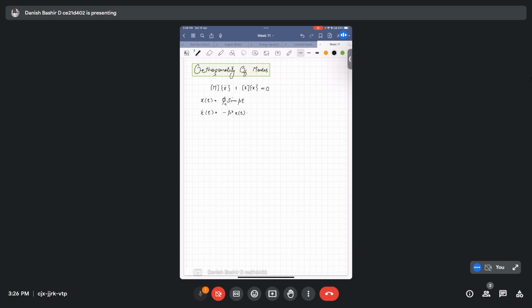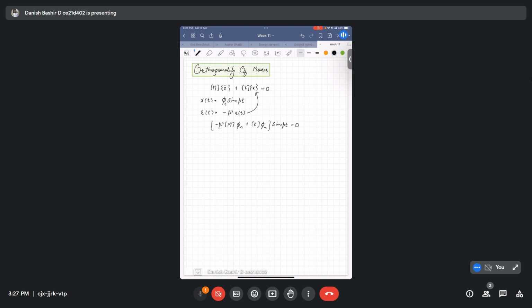When we substitute back into the equation, we get minus p square m phi n plus k phi n, times sine pt, should be equal to 0.